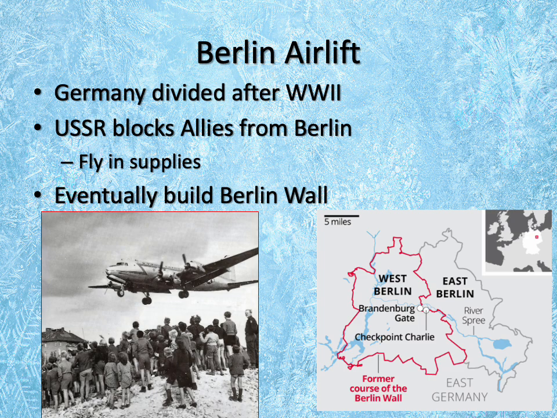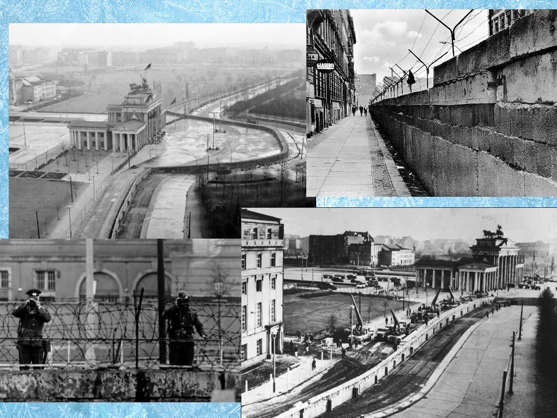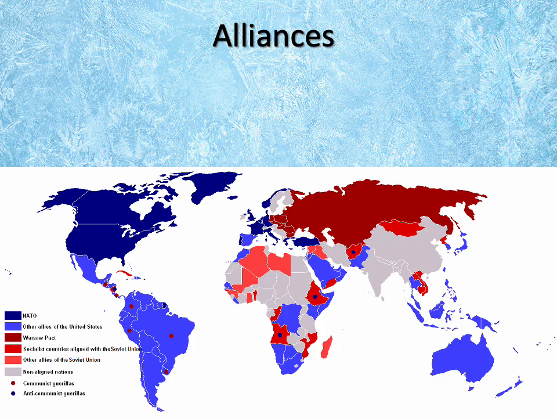So the Soviets build this wall around West Berlin, making it impossible for anyone to get in and ultimately get out. The Berlin Wall goes up basically overnight. Now, it does start as mostly barbed wire and then eventually will become concrete, and it will become the symbol of the Soviet Union and the divide between the two, which leads to some new alliances that are formed.